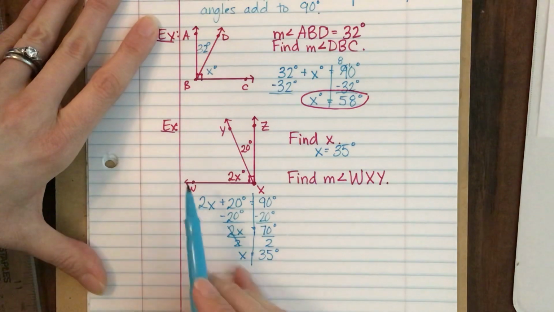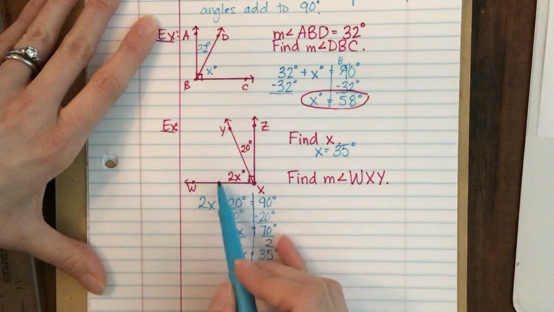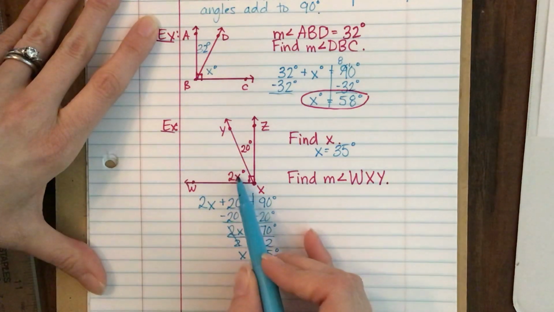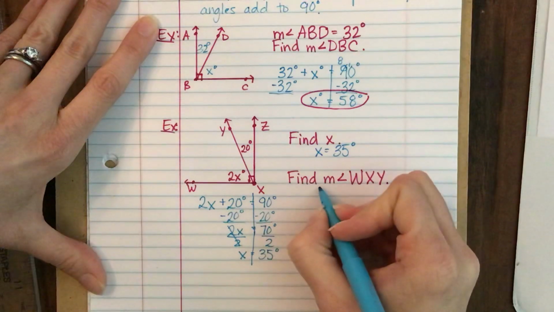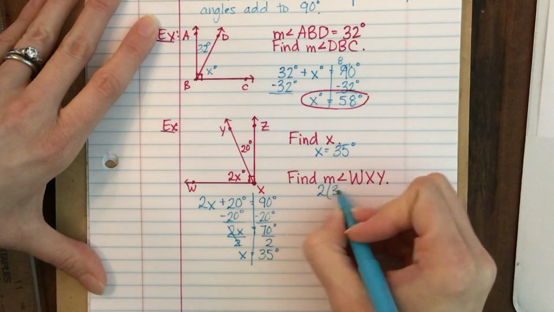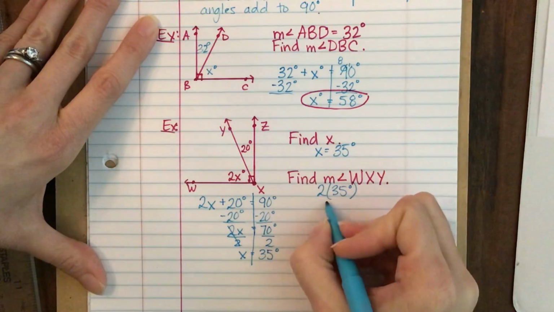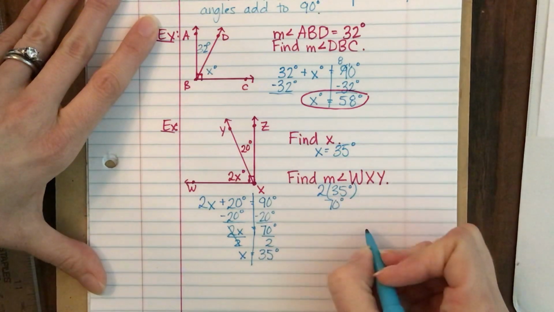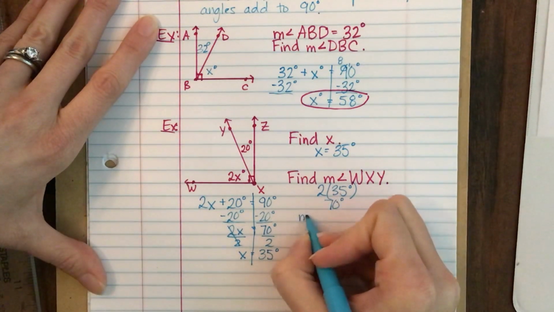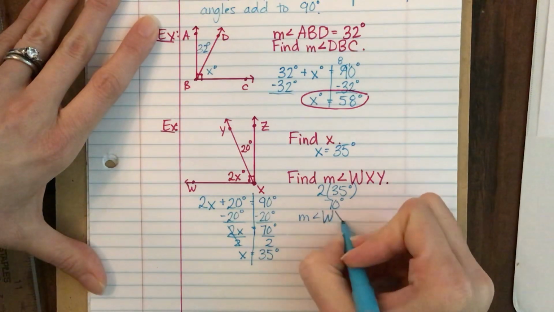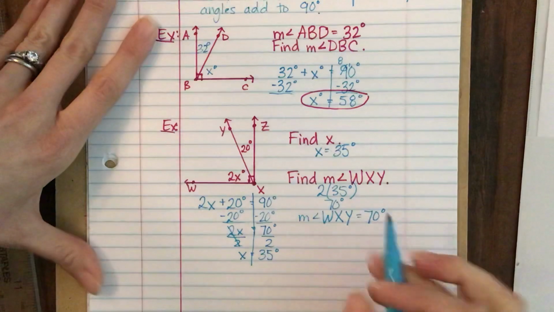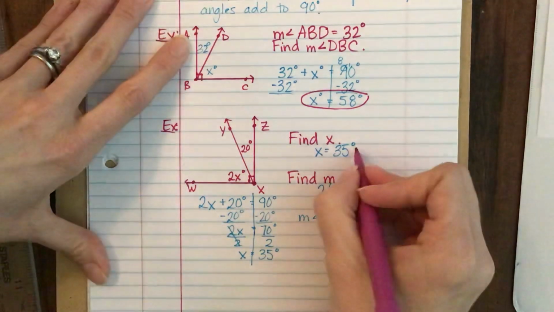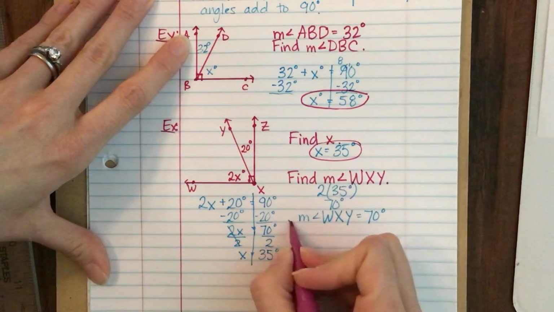Now to find out what WXY is, the measure of that angle, we have to plug in x to this expression. So we're going to do 2 times 35 degrees, which is equal to 70 degrees. So we can say that the measure of angle WXY is equal to 70 degrees. Okay, so here we have it.